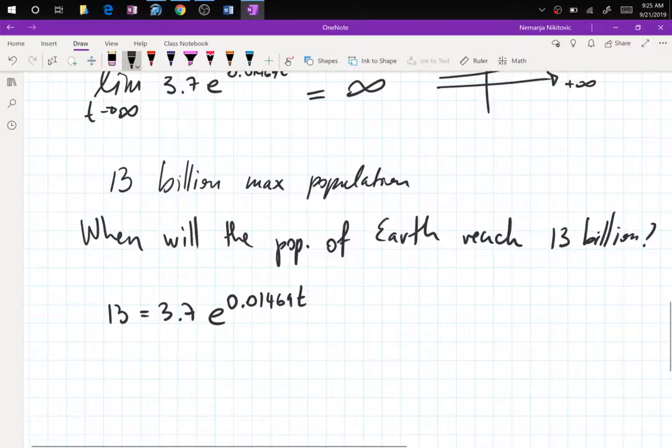We will get 3.5135. Leave some space to stick ln. So now put the ln on both sides.